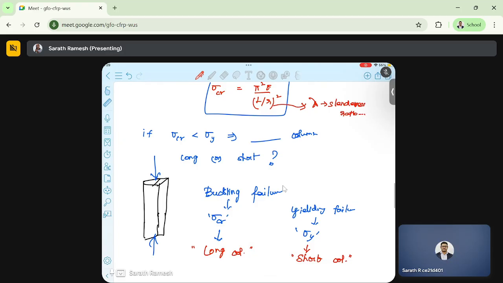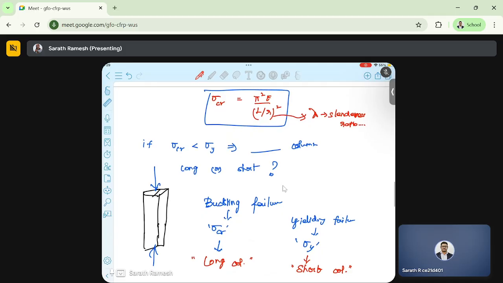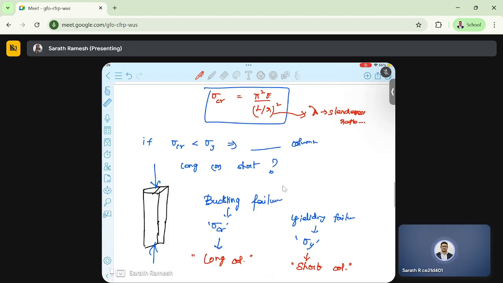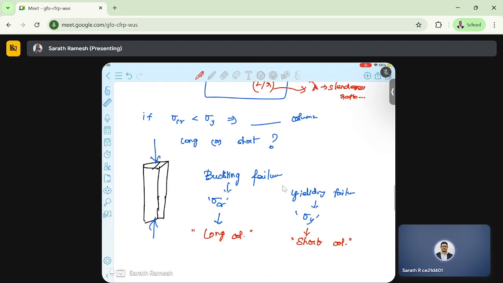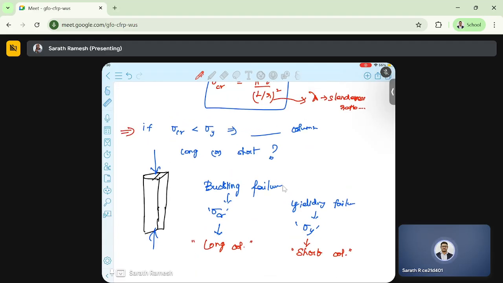In design, we consider some critical value of this L by r. We say below that it is a short column, and above that it is a long column. And mostly we prefer short columns so that we avoid this stability-induced failure of buckling. Now the question which I asked you is, suppose sigma cr is less than sigma y, what type of column is it? Is it a long column or short column?